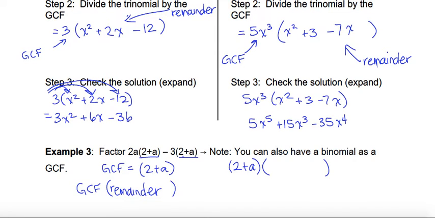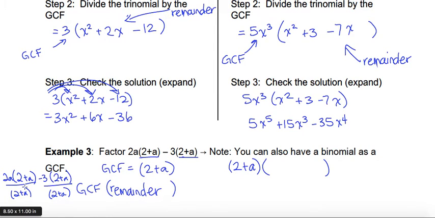So if I'm just going to rewrite this quickly over here, very small. So I'm dividing each of these terms by 2 plus a. So I'm doing it to the first term and I'm doing it to the second term.